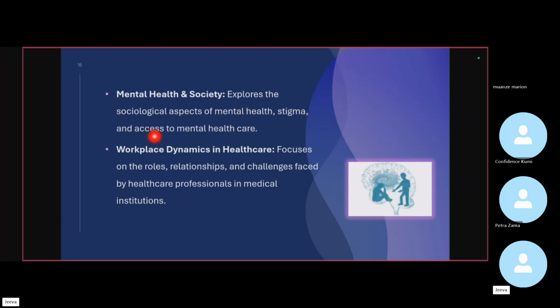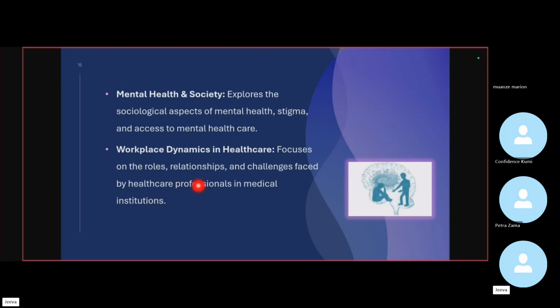And it also makes sure that everyone gets access to the healthcare system. Then workplace dynamics in healthcare. Your medical sociology will also look after the nurses and the people working in a working area, what their role is, what their relationship is, and what the different challenges are that healthcare professionals face in the medical institution.